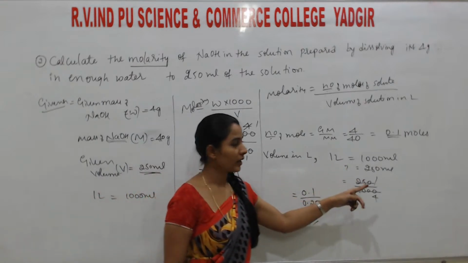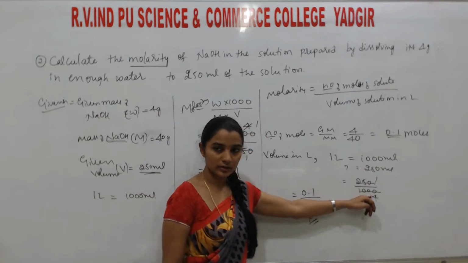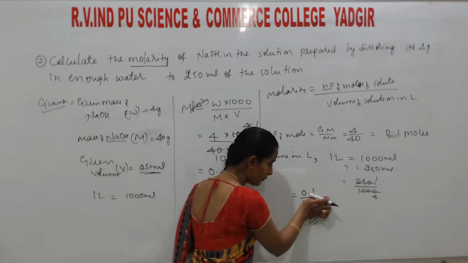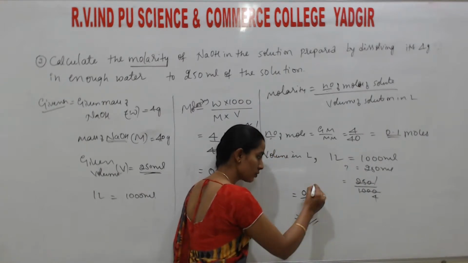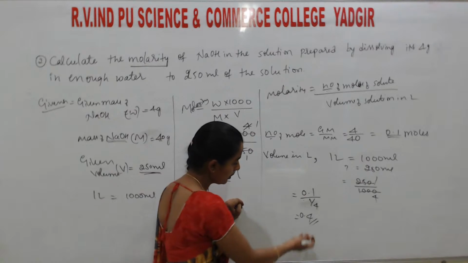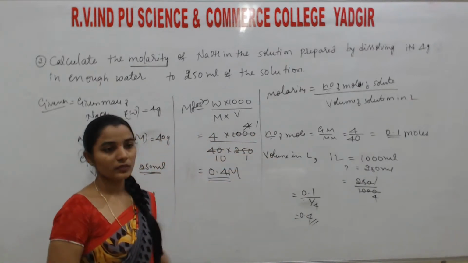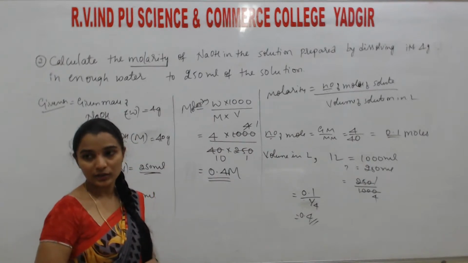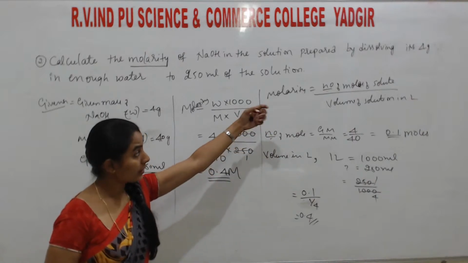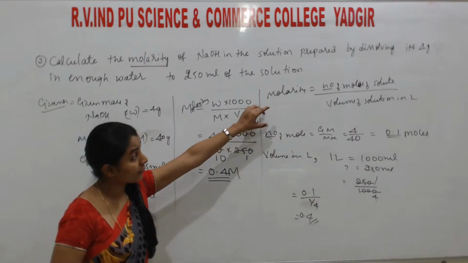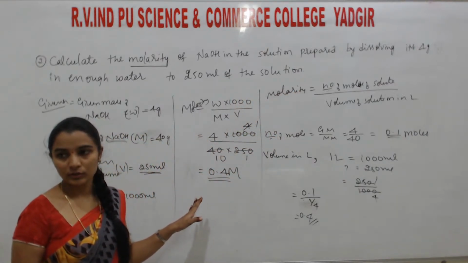Understood? This is another way. Individually you have to calculate the number of moles and the volume of the solution, and directly apply them to the formula. If you are confused by 0.25, just take 1 divided by 4; it goes to the numerator, so 4 into 0.1 is 0.4. This is the definition, not a formula. Which one is easy? You follow that.